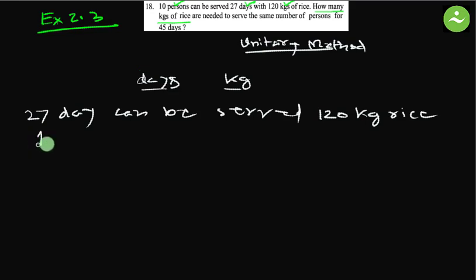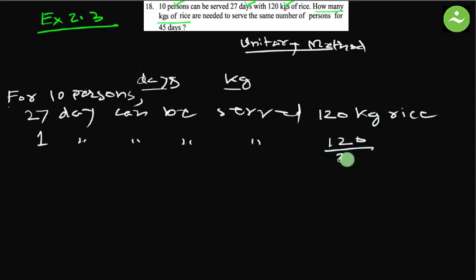So one day can be served, because the person is fixed, that is for 10 persons. This doesn't change. For 10 persons, 27 days can be served 120 kg rice. One day can be served how many kgs rice? Because person remains same, so rice will decrease. If it decreases, we divide it by 27 kg.